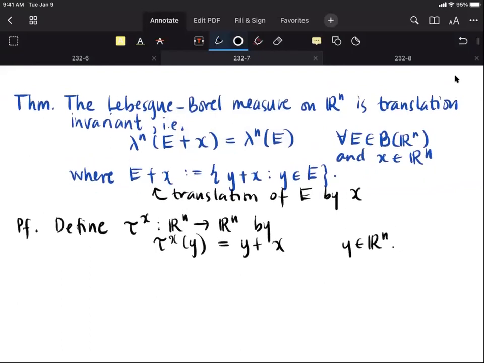Then tau x, you can check that this is invertible, and the inverse. Okay, let's say in the case of R, n is equal to 1. If x is positive, then this is translation to the right. Then the inverse should be translation to the left. So this is tau to the negative x.